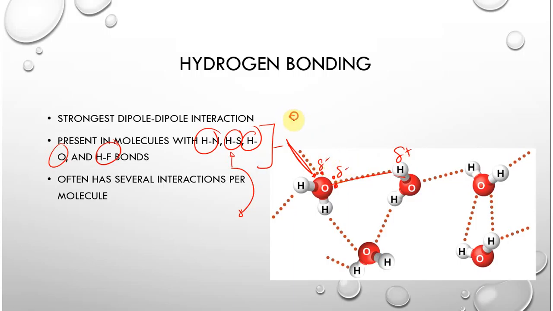Partial negative here interacts with another partial positive. And a lot of times, it's not oriented the way I would like, but this hydrogen will actually interact with both the partial negative here, and it could even be interacting with the partial negative oxygen down here. And so you end up getting many, many interactions per molecule. The thing about that is the more interactions you have, the harder it is to break apart those molecules, okay?